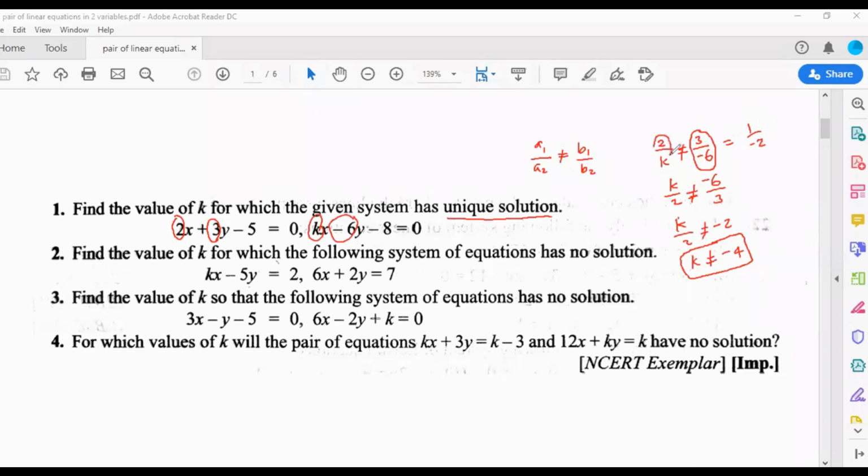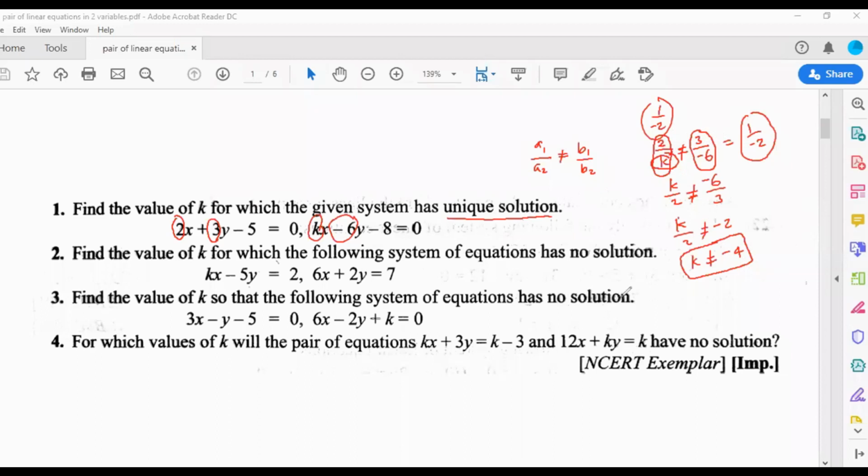And 2 by k is A1 by A2. If k is minus 4, then this ratio will become 1 by minus 2, which is equal to the second ratio. It can be equal, but for a unique solution they cannot be equal. So the value of k cannot be minus 4.